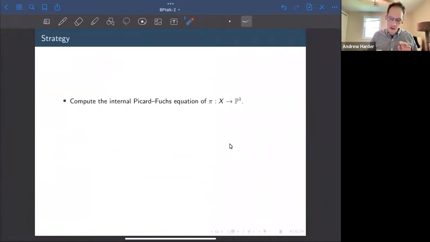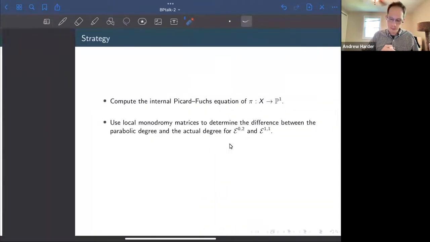So the tactic now is to compute whether something is Calabi-Yau. I want to compute whether the degree of E02 is -2 or not. So I compute the Picard-Fuchs equation for each family of Calabi-Yau threefolds that I'm interested in.